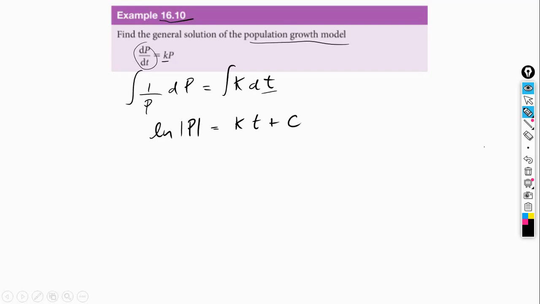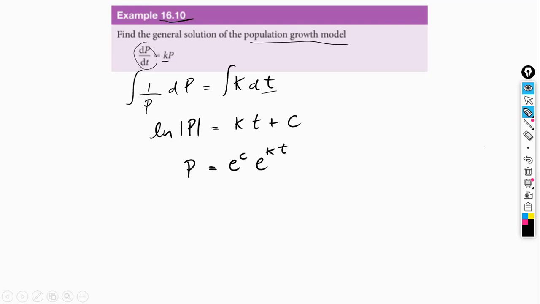And then using the properties of exponents and logarithms, we're going to get that p, and here we don't have to worry about the absolute value because population is always a positive number, is equal to e to the power of c times e to the power of kt.